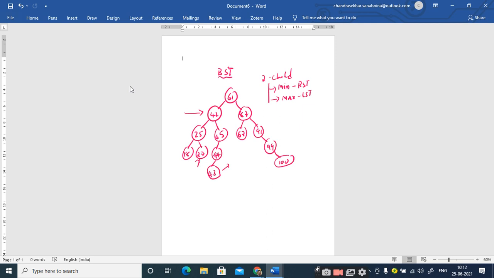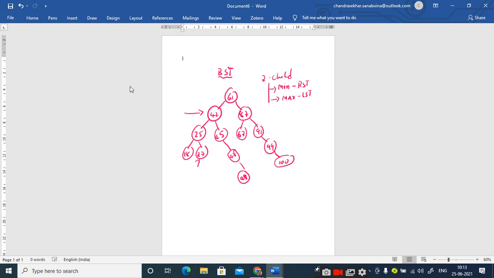So the question that was raised by one of the students is, for example, if I don't have this node like this, and I have 47 and I have some 49 like this. Let me take it like this. So now tell me, what is the node that should be replaced from the right subtree? Forty-five, sir. It is 45, right?